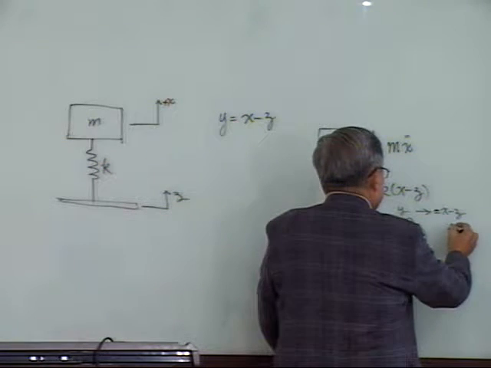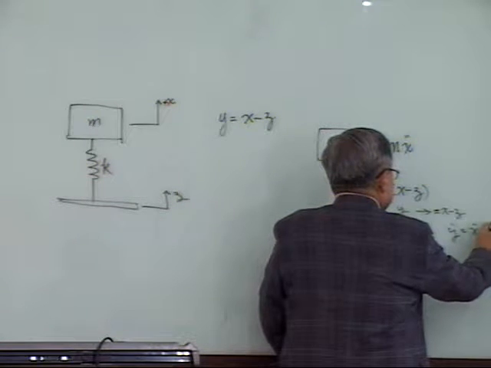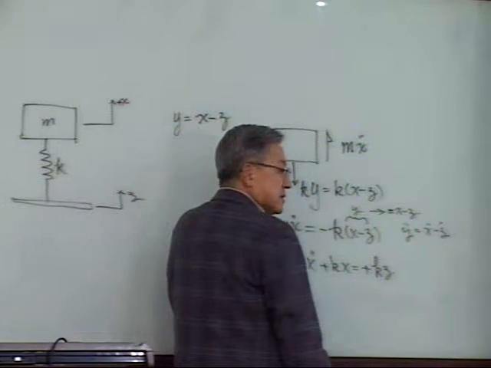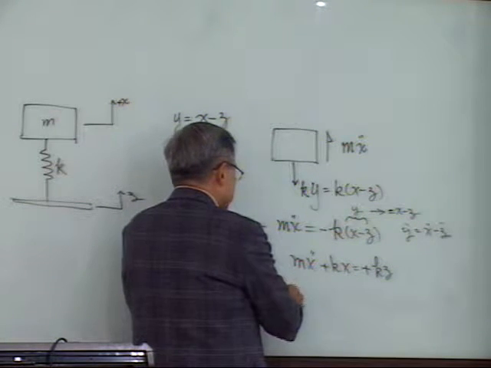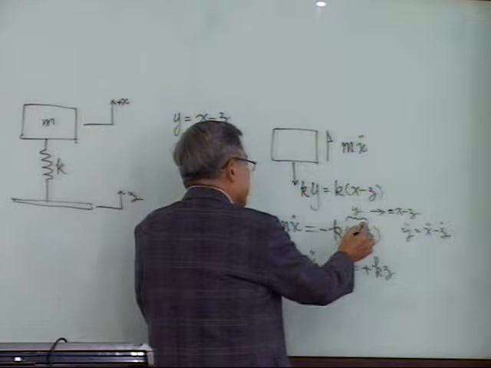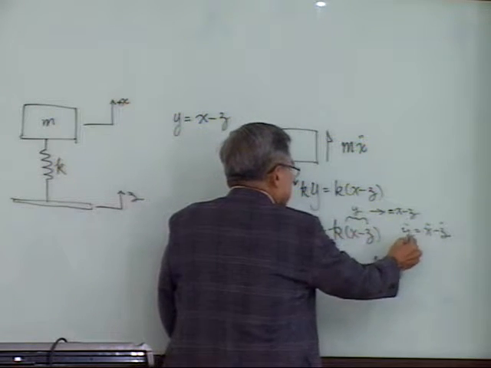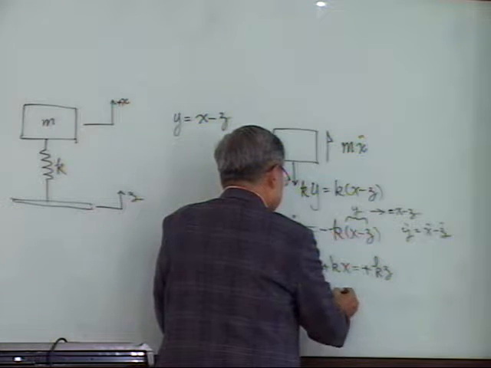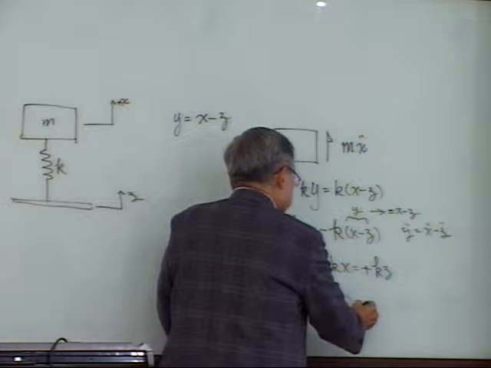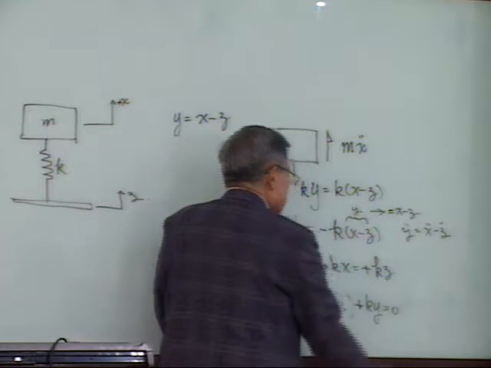Then y double dot is equal to x double dot minus g double dot. I can rewrite this as x double dot is equal to y double dot plus g double dot, and plus ky is equal to 0.